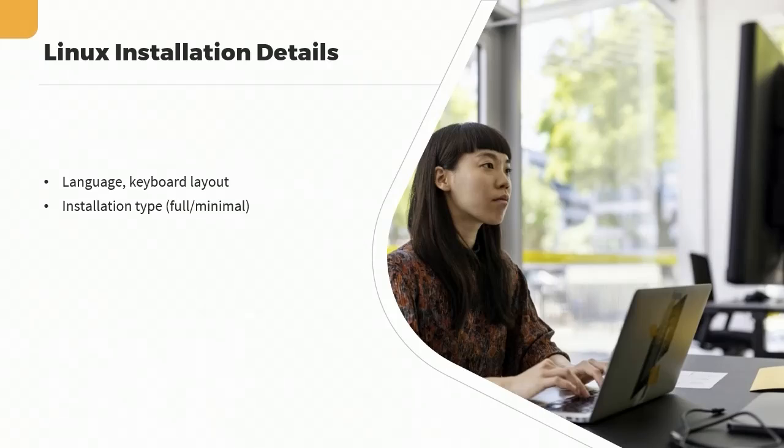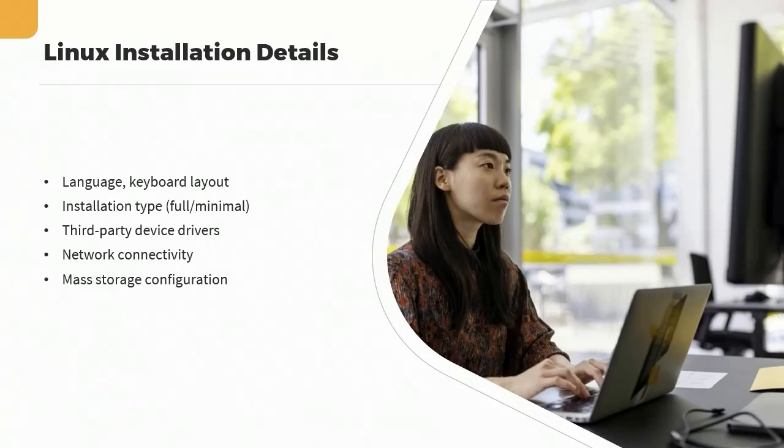When you install Linux manually, you will always have the option to specify any third-party device drivers that might not automatically be detected and loaded by the kernel, maybe for a disk RAID controller or a specialized audio interface for studio recording of music. You can specify network connectivity settings, such as for the network card and whether you want to use DHCP or a manual IPv4 or IPv6 configuration. Then, of course, mass storage configuration and how you want to partition your disks.